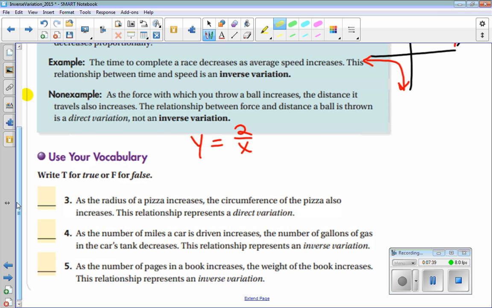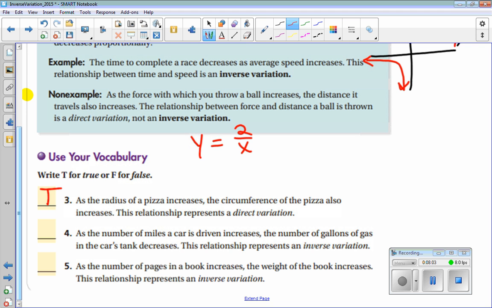Okay? Good. So let's go ahead and think about some of these questions, true or false. You don't need to write these down yet. As the radius of a pizza increases, okay, so kind of imagine that. The radius is going to increase. The circumference of the pizza also increases. This is a direct variation. That's true. They're both increasing, right? So that's true. I agree.